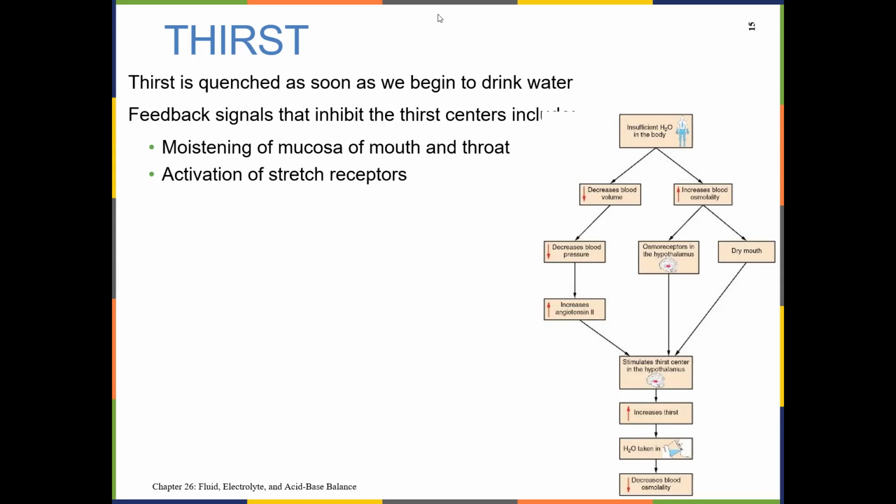So it's only a short-term fix. Even though on a really hot day a Coke tastes very good, the initial drink is great, but it doesn't really overcome your thirst. Okay, good question.